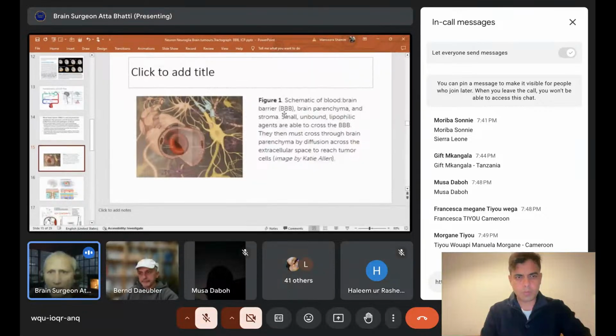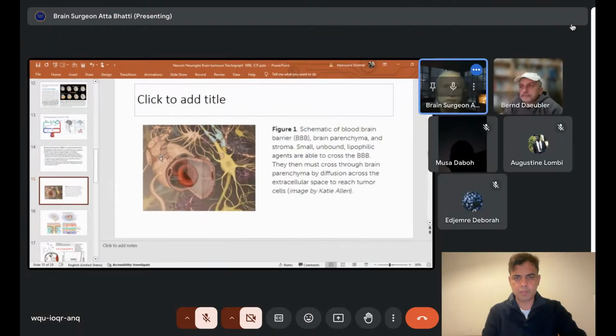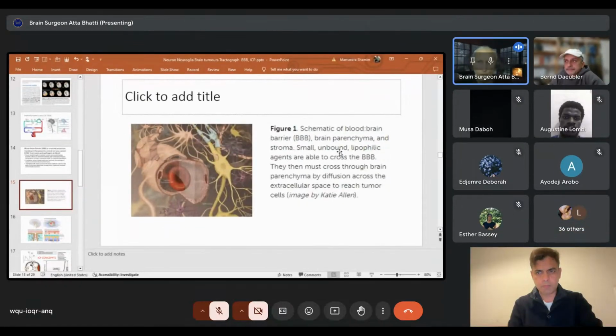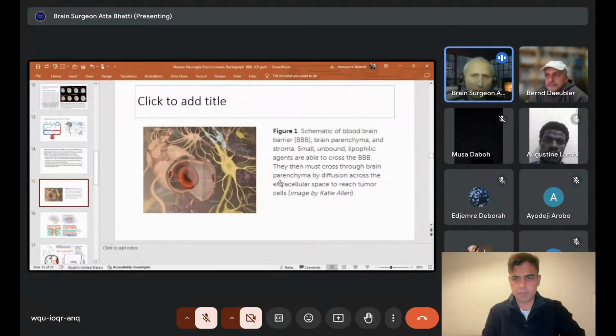And here you see a schematic diagram of the blood-brain barrier, which is present between the brain parenchyma and the blood. Small unbound lipophilic agents can cross. Anything which is lipophilic can theoretically cross the blood-brain barrier.